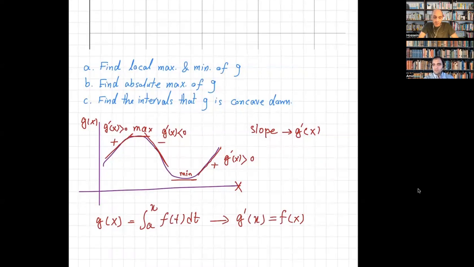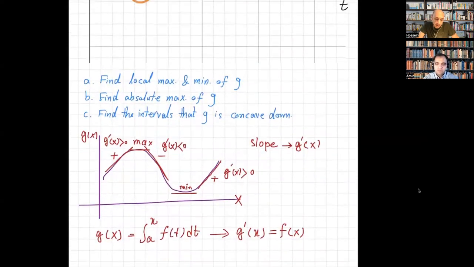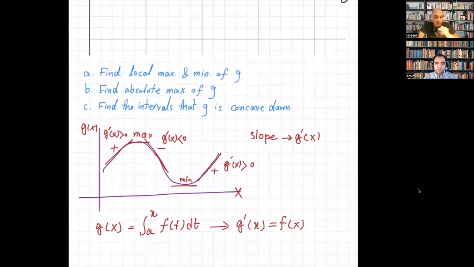That's the fundamental theorem of calculus. And obviously both f and g need to be continuous in the interval from a to x, and yes, continuous and differentiable.